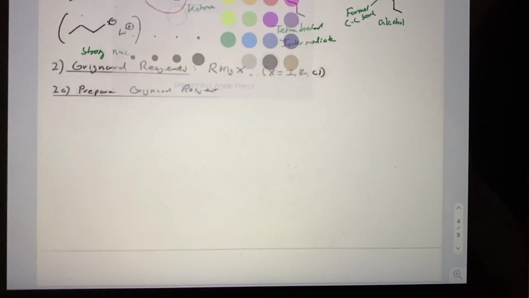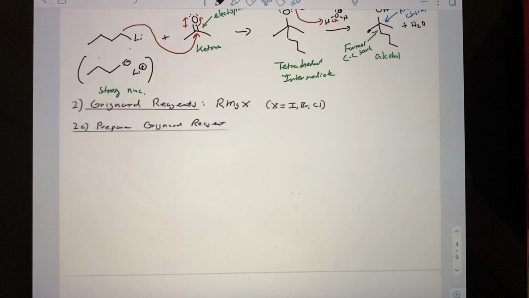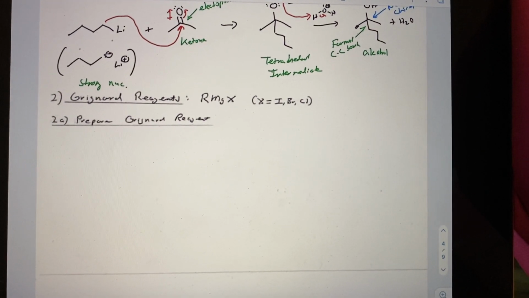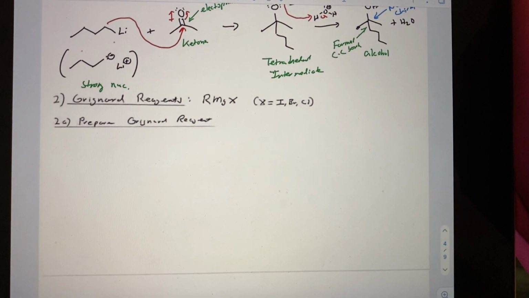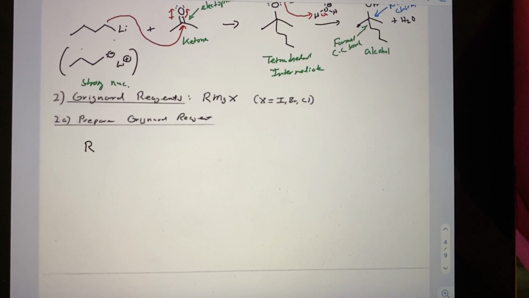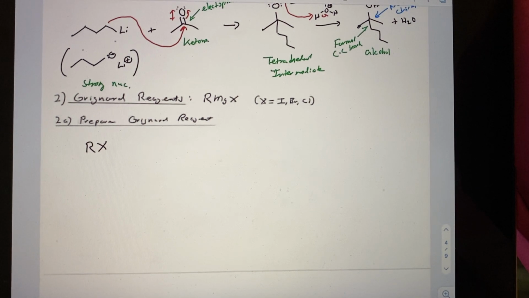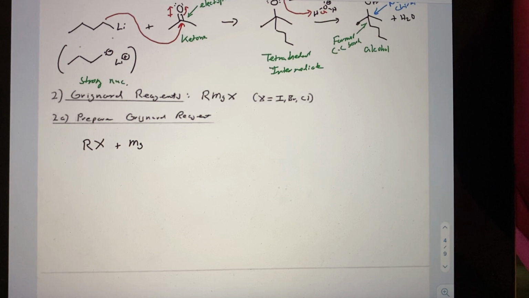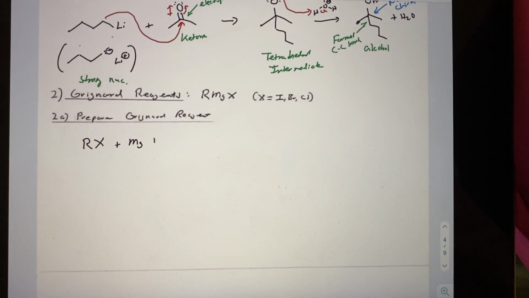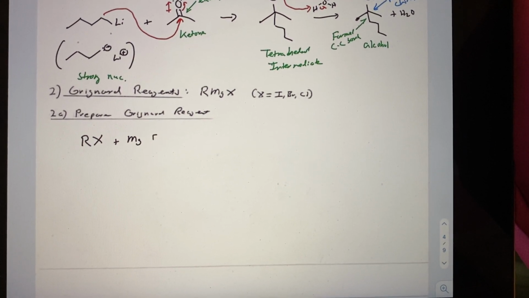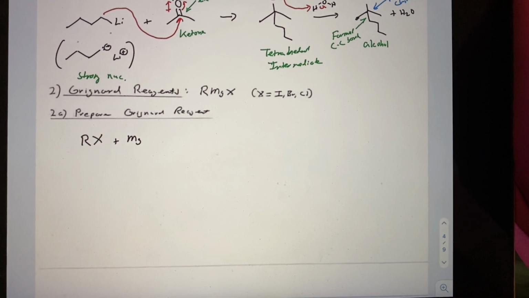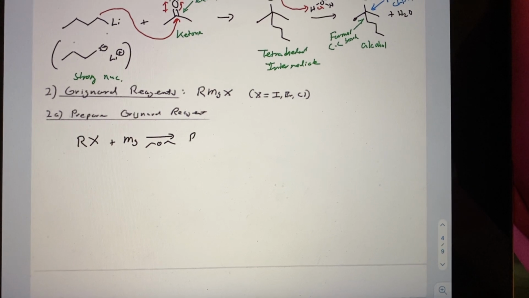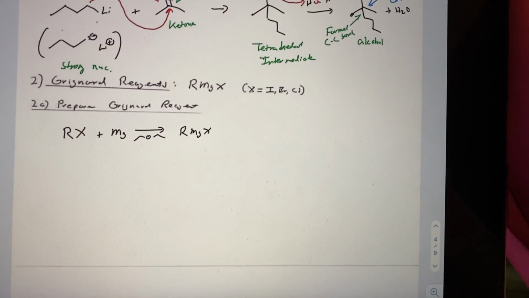So let's think about how to actually make one of these Grignard reagents, because we're going to end up seeing them so often. And we'll see that there's a couple of different types of Grignard reagents. So we can have, first of all, just a generic RX species that we might take. And then we react this with magnesium metal in the presence of ether. And what you'll end up forming is something that's shown as RMgX.